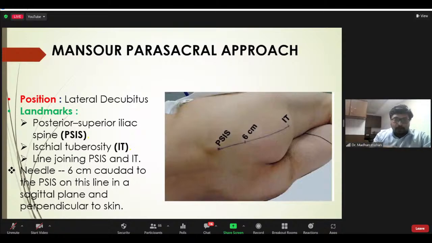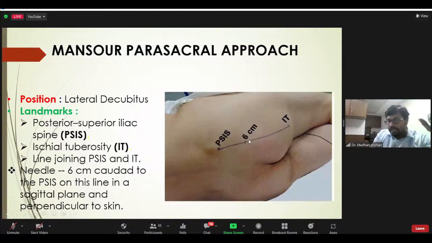Okay, right. So for this approach, the patient should be kept in the lateral decubitus position, with the side to be blocked superior, or you can put the patient in prone if possible. Both are well and good. So you need to palpate the posterior superior iliac spine, and then palpate the ischial tuberosity.